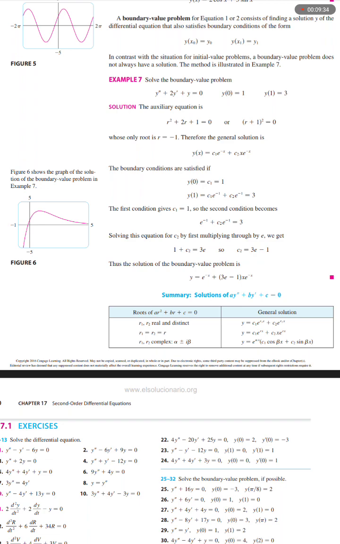Therefore, the general solution is y of x equals c sub 1 times e to the power negative x plus c sub 2 times x times e to the power negative x.